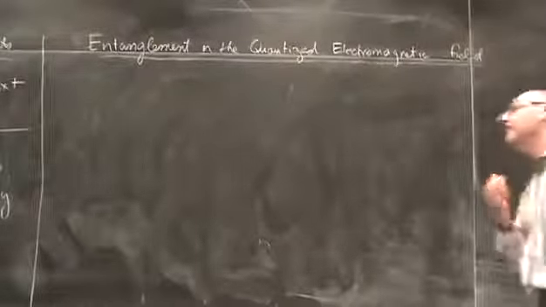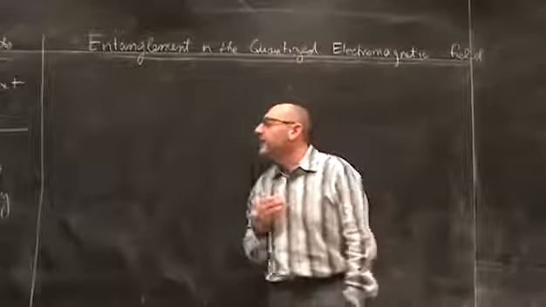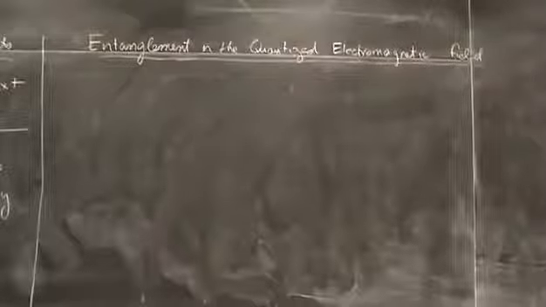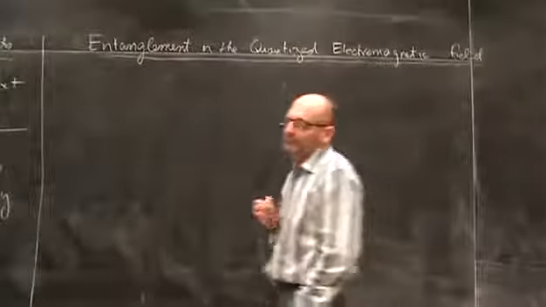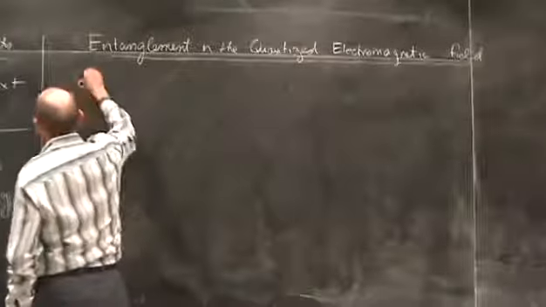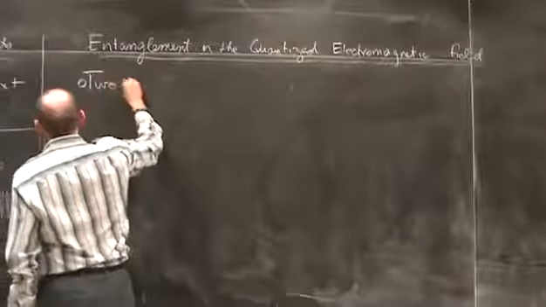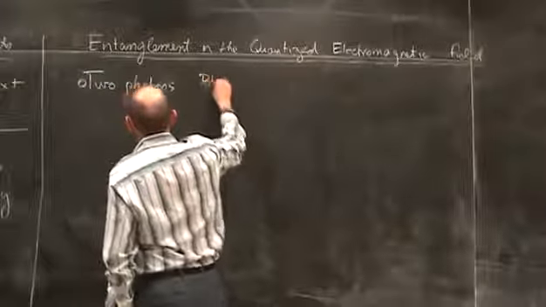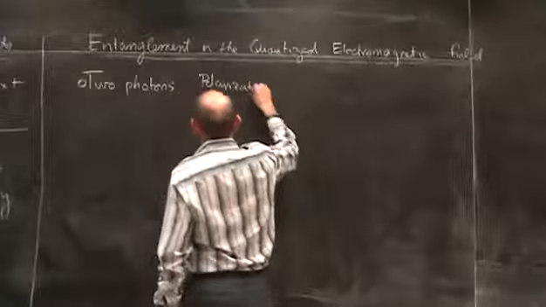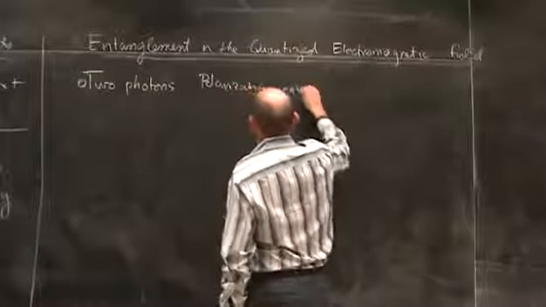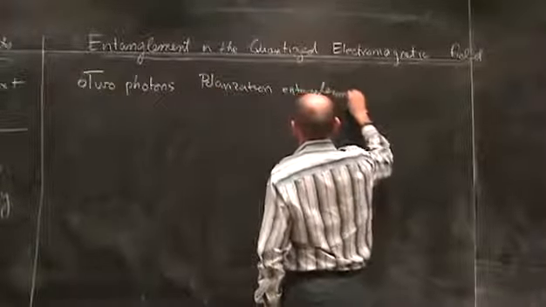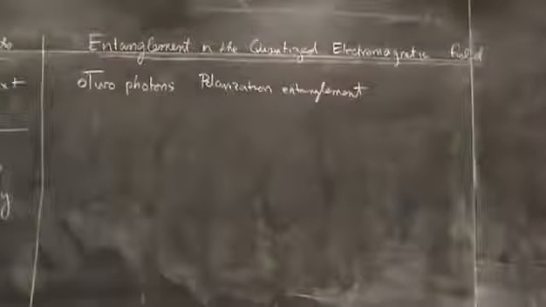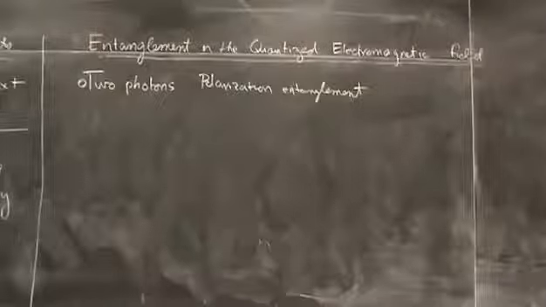Okay? So there are different ways we can think about the electromagnetic field, different kinds of degrees of freedom that we might think about entangling. The most straightforward thing that you might think about is two photons, and we might talk about polarization entanglement. So those degrees of freedom are associated with the spins of the photons, their polarization.